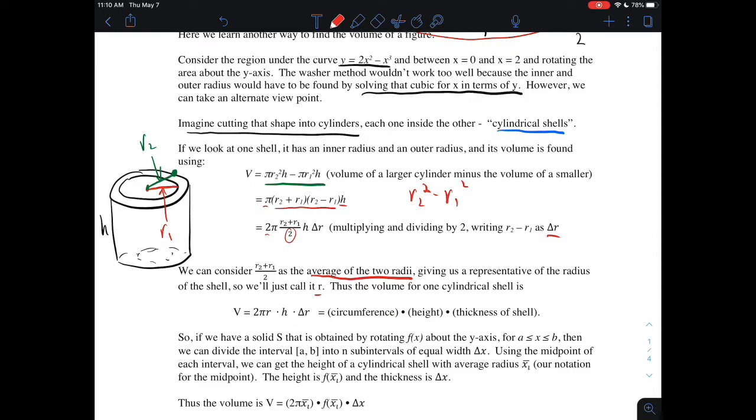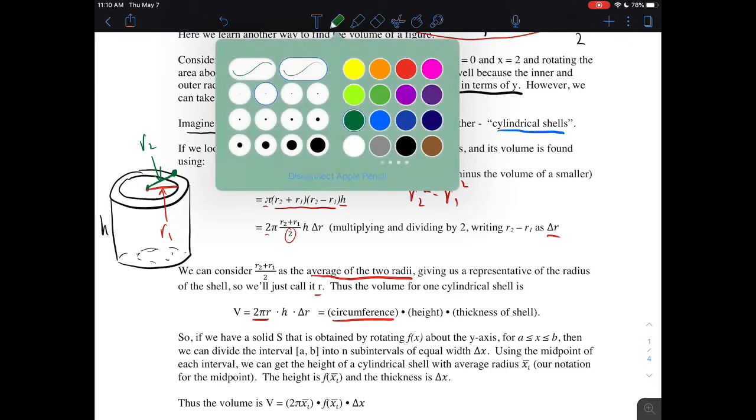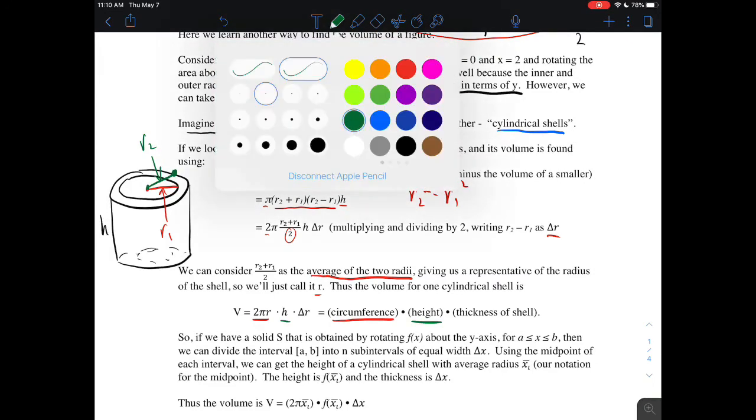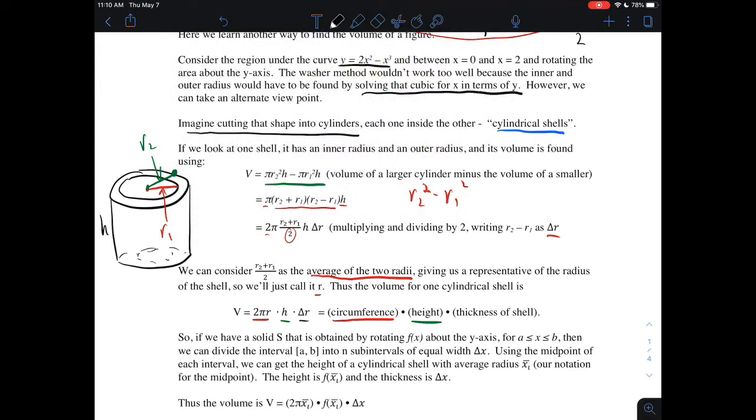So thus the volume for one cylindrical shell is volume equals 2 pi r, which we can actually recognize as the circumference, times h, which is the height, and then times delta r, which is the thickness of a shell, reusing that word thickness that we saw in the previous section. So the thickness would just be how thick is it from the inside to the outside of the shell.